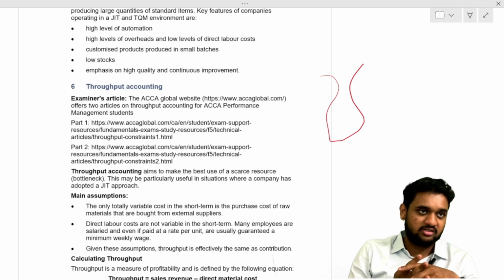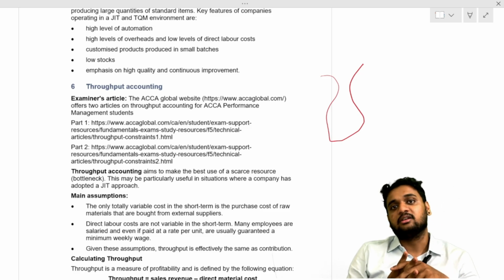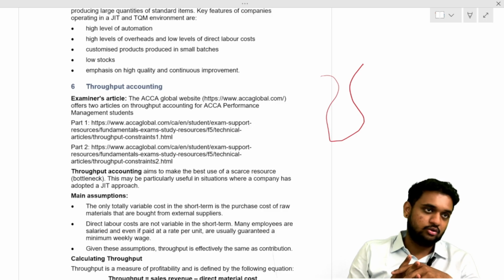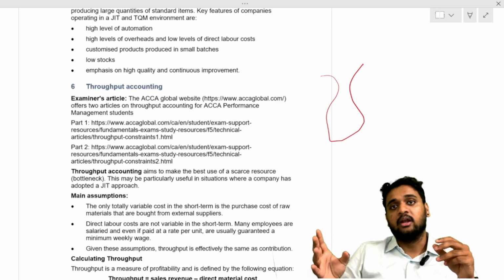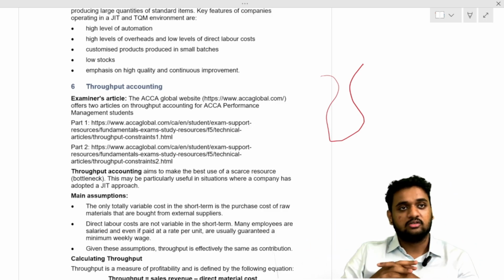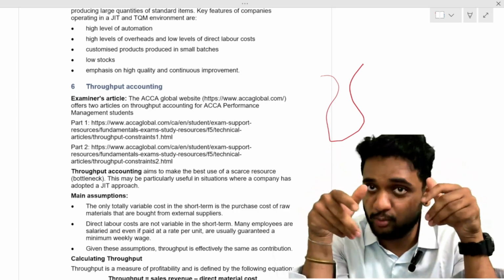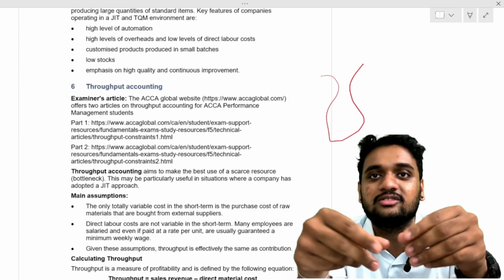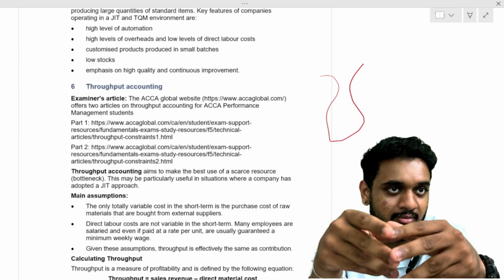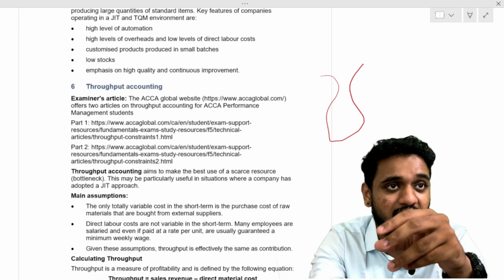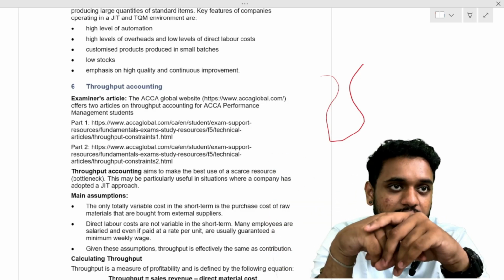The second machine can produce 5,000 units in one day. The third machine can produce 20,000 units in one day. What is the bottleneck resource here? 5,000 units. Even though you put 10,000 units inside, only 5,000 units can go through the second process. Even though you can produce 10,000 or 20,000 units later, only 5,000 units can be manufactured here.